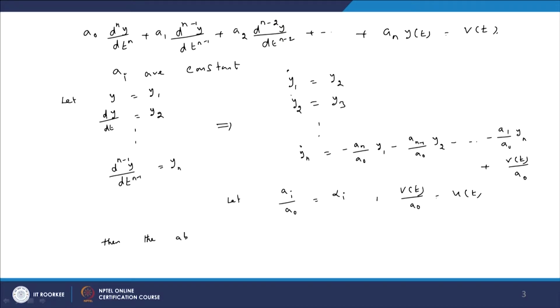The above system is of the form y dot equal to Cy plus Du, where y is the vector y1, etc., yn, and C and D are defined in the previous slide. So, from an nth order differential equation we can always obtain the companion form like this.